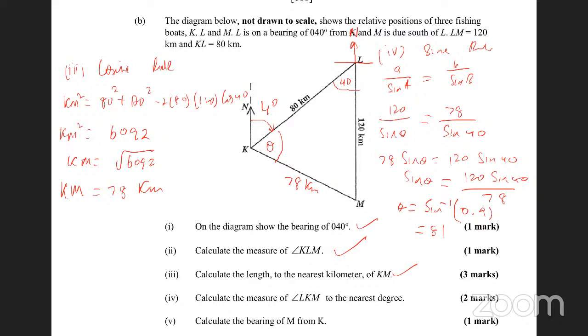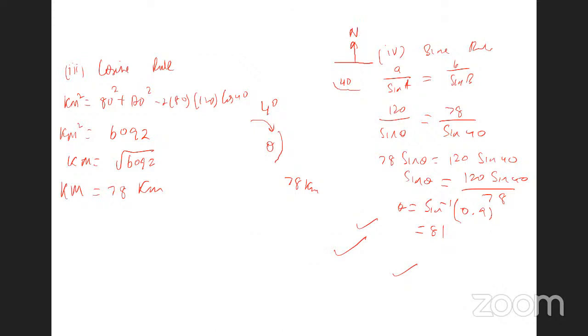It depends on how you round off. Let us not round off. Let's find sine inverse of the exact value and see if it changes the answer to the nearest degree. So find sine inverse of open brackets 120 sine 40 over 78.